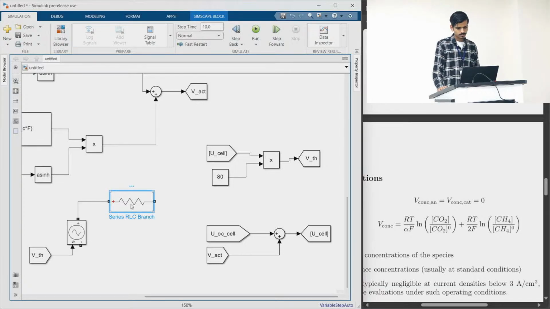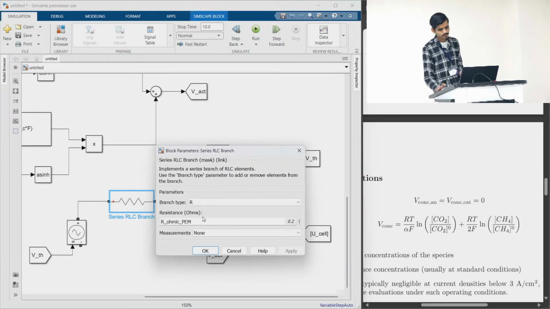This one. So all of you please carefully write the variable names. It is R underscore ohmic underscore PEM.